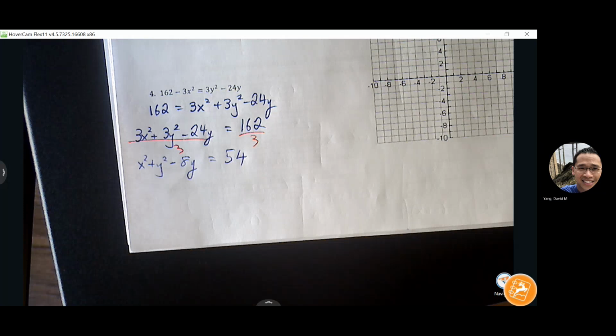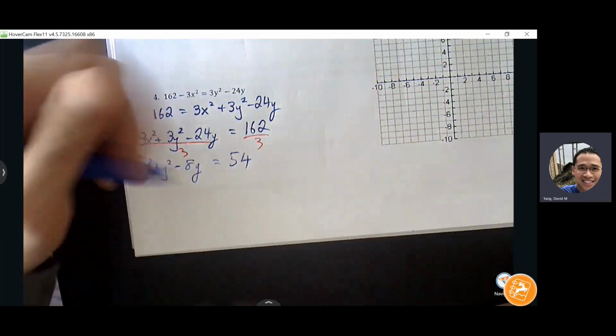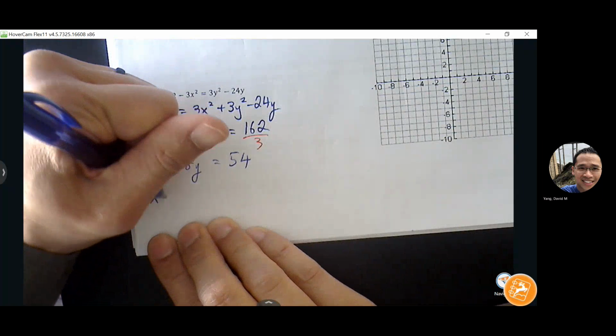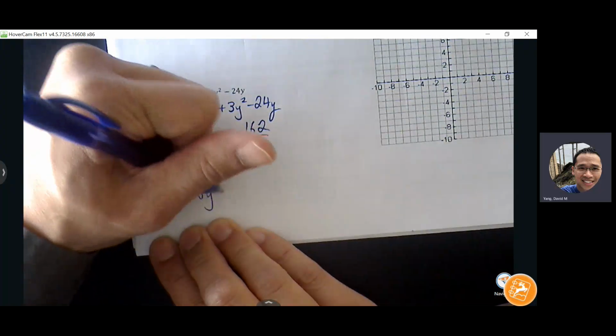Just the y, right? You only complete the square if you have x squared and 4x, x squared and x together. Here, the x is really x minus 0 squared, so that's clean. Nothing that we need to do with the x. It's just the y's that we have to get cleaned up to be a parentheses. So I'll leave the x alone, and I just need one set of complete the square for the y's.